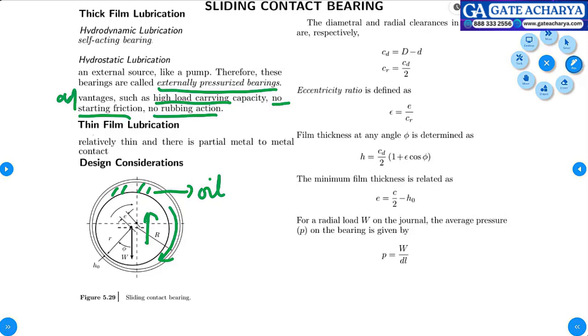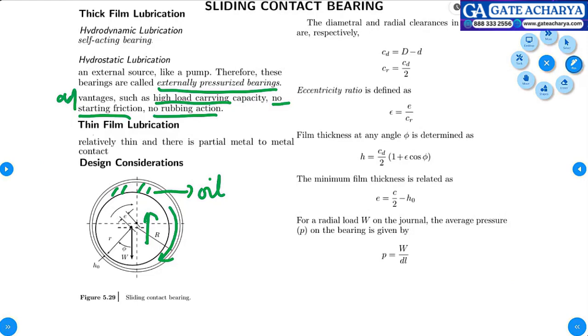There are two types of thickness. One, minimum film thickness. The other one, film thickness at any angle of rotation. When you say minimum film thickness, it will be CD by 2 minus e, which is this value h naught.